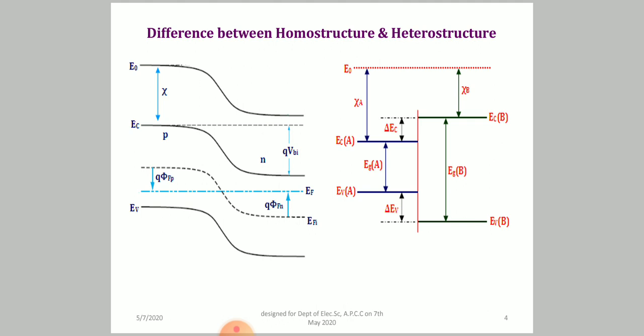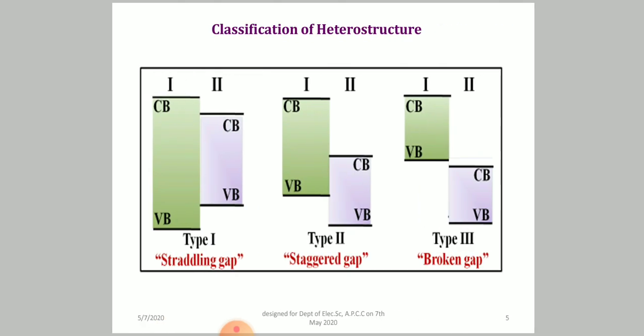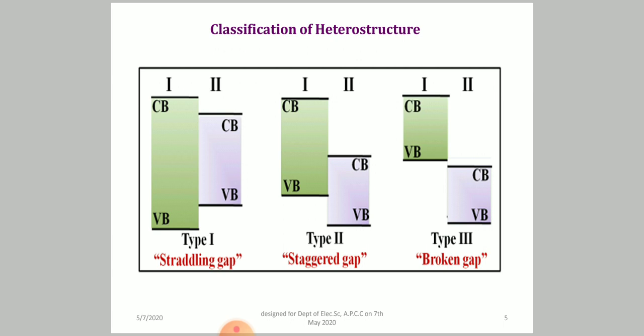Once we know delta EC and delta EV, let's go towards the classification of the heterostructure. Now look, there are three different types of heterostructure. I will call them type 1, type 2 and type 3. Let me go into slightly more detail. In type 1, look at the figure very closely.